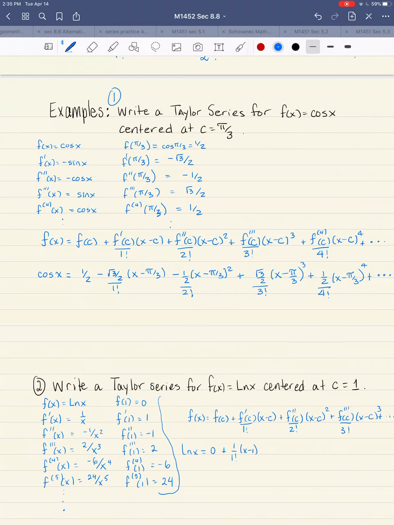The second derivative gives me a negative 1, so let's put the negative 1 here, times (x minus 1) squared. The third derivative is 2 over 3 factorial times (x minus 1) cubed.